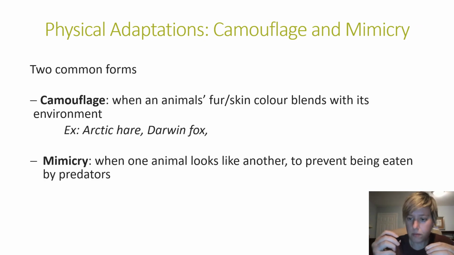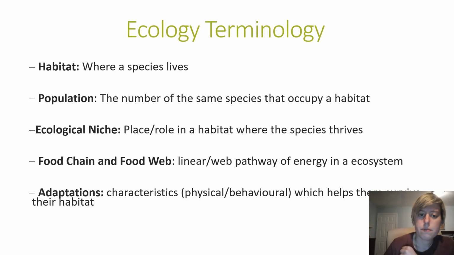So these are probably the two most common forms of physical adaptation that a lot of organisms in wildlife tend to apply. So this is pretty much all the terminology that we've been talking about in our series of videos.